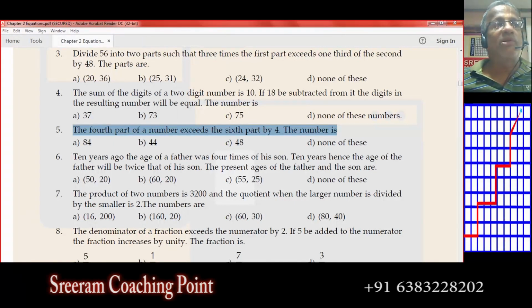See, this sort of problem you can apply just like that. 10 years ago, father's age was 4 times that of his son. 10 years hence, the age will be twice that of his son. Present age. So, present, past, and the future.